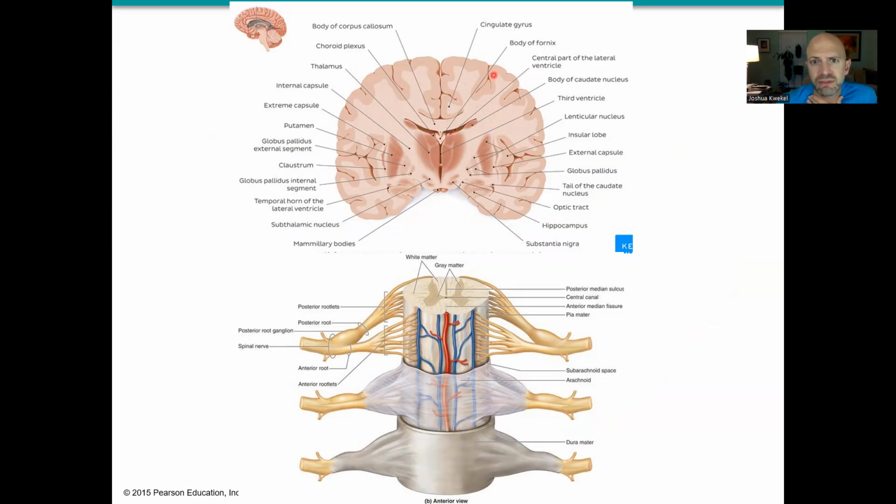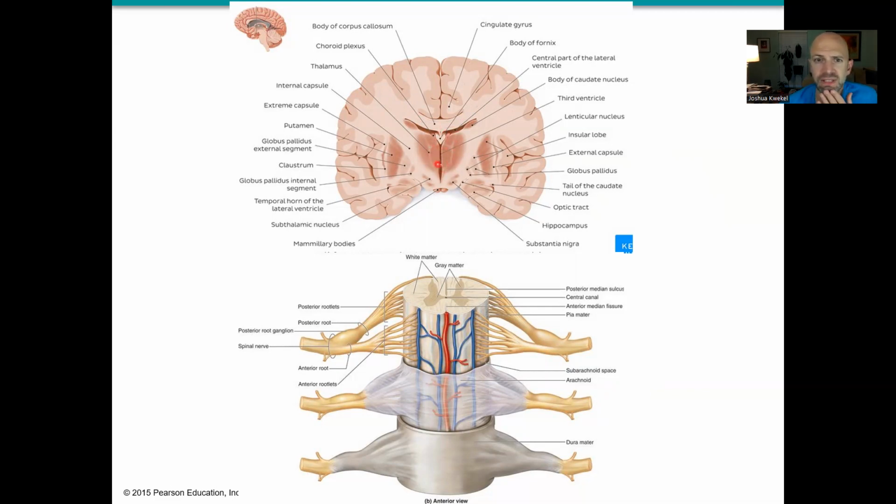You can see the right hemisphere and the left hemisphere, and the structure I was just talking about, the corpus callosum, is this chunk of white matter right here. It's reaching across from the right all the way over to the left. It really forms the attachment between the right and left hemispheres. Just below that, this dark brown area is the thalamus.